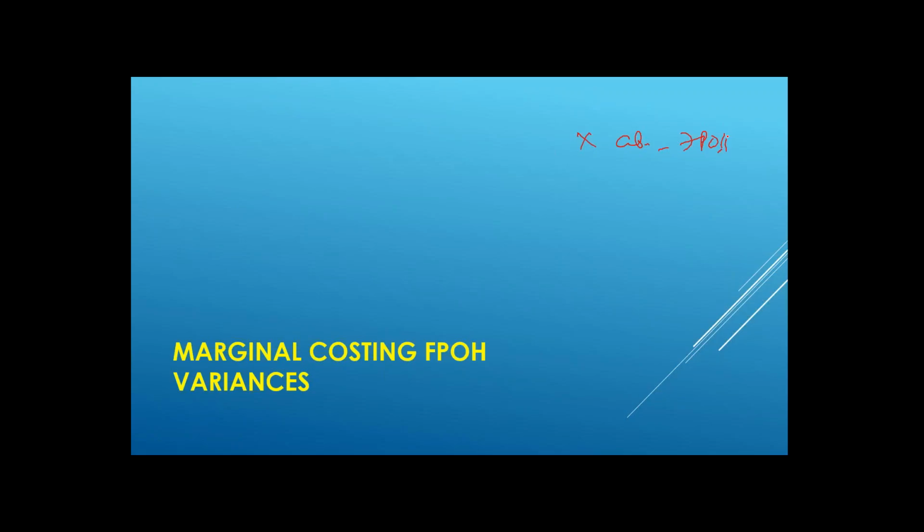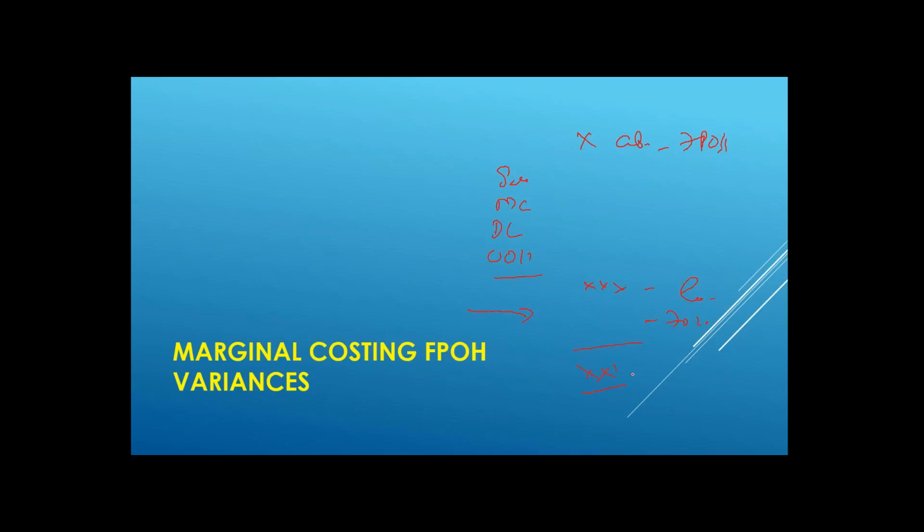We look at sales minus material cost, labor cost, and variable overheads, and we arrive at something called contribution. From the contribution, the total fixed overheads are deducted and we arrive at your profit. So we don't absorb the fixed overhead on the marginal costing basis.